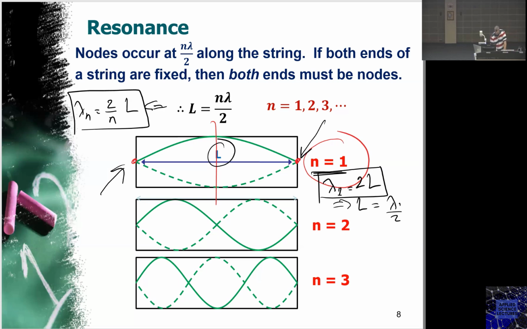So here, if I am to calculate the wavelength for this resonance, which is the second harmonic, it would be lambda 2, substituting n with 2, equals 2L over 2, which means lambda 2 equals L.